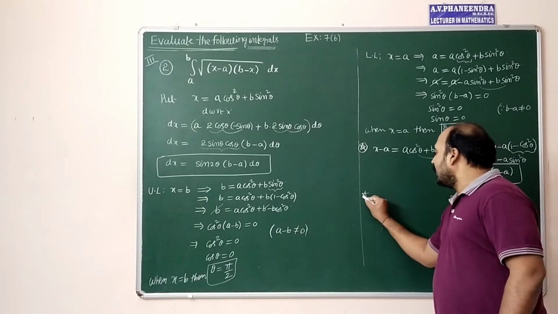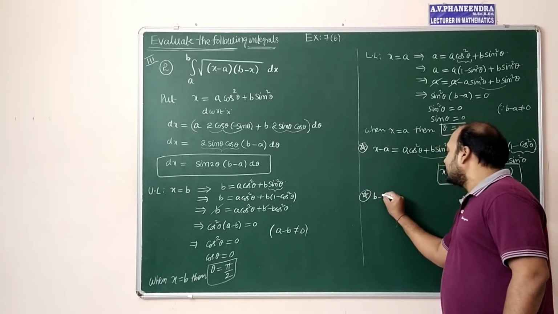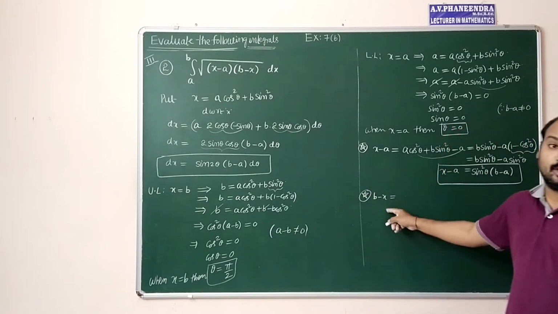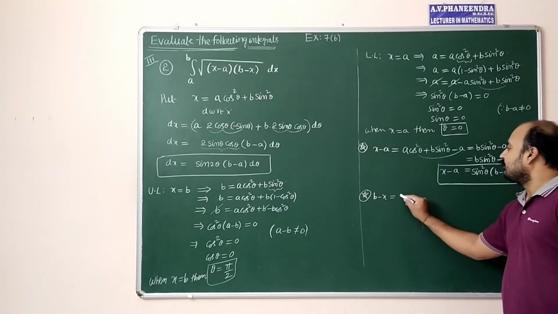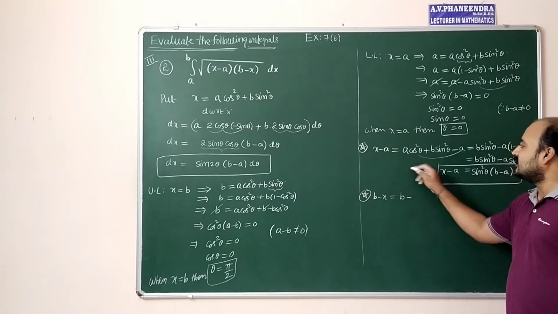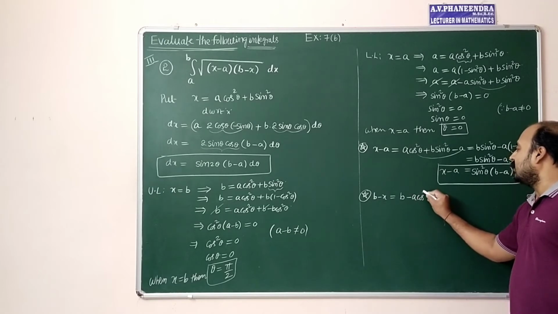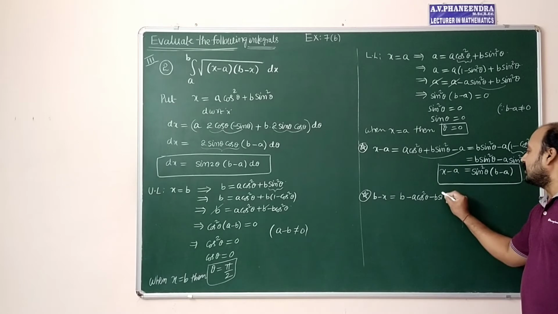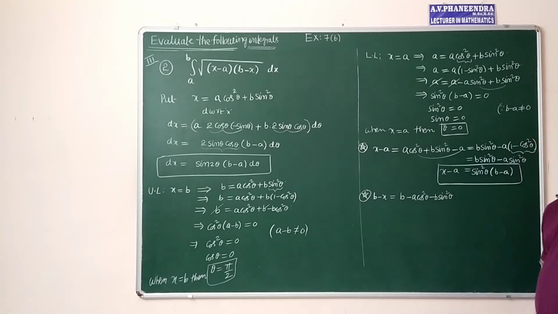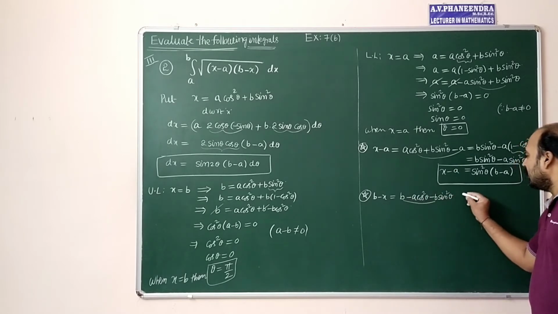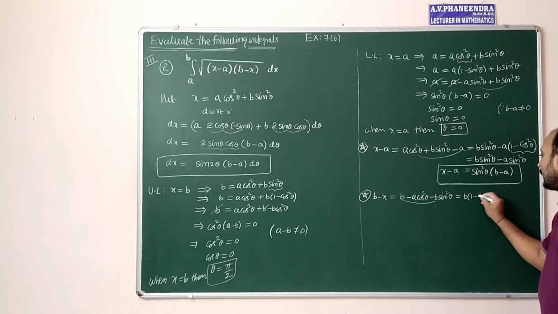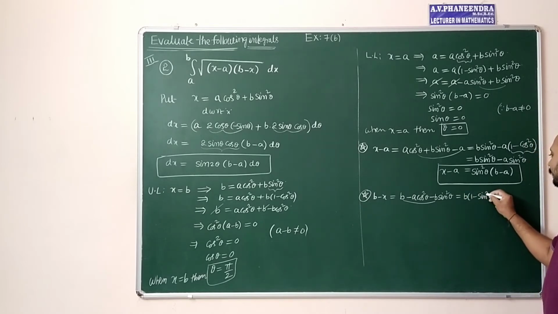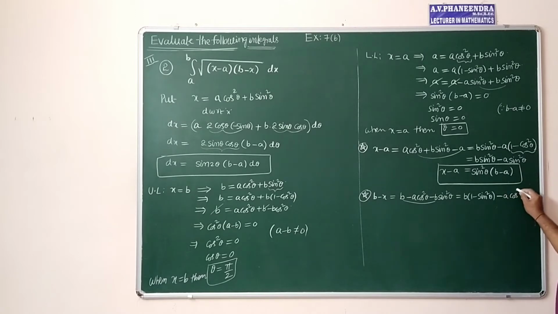And come to the second one, b minus x. It's not x minus b. A very, very important note. So b minus x value is b minus a cos²θ minus b sin²θ. So from these two b take common: b into (1 minus sin²θ) minus a cos²θ. 1 minus sin²θ is cos²θ.